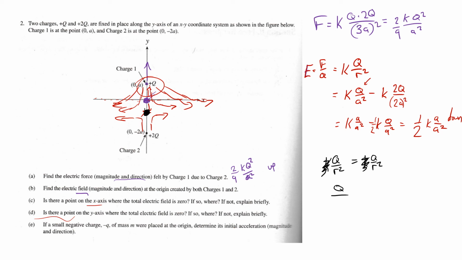We don't need those anymore. So let's plug in the specifics. This is going to be Q over, what do you want to call this distance? I'm going to just call it r. I want the top one to be r.